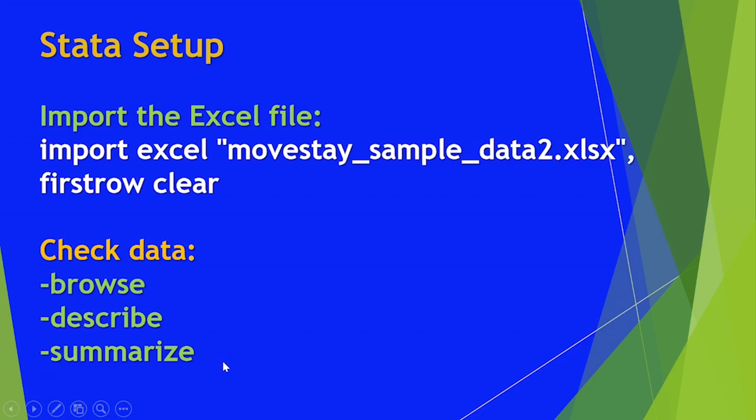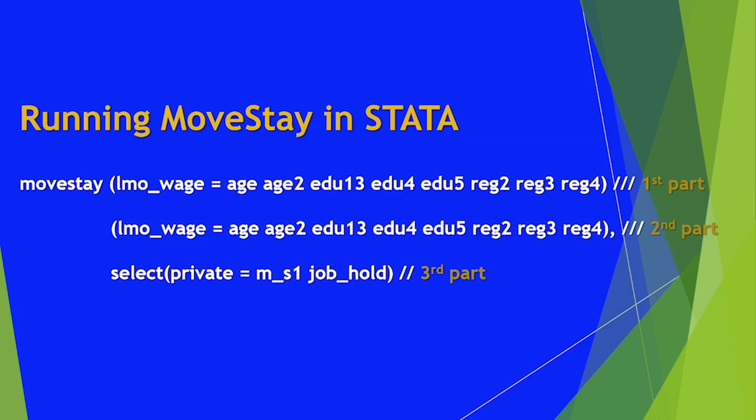So we are going to do this in our practical part. And now this is the general syntax that we are going to run in Stata. We have movestay, and then we have this command lmo wage, and any other variables are just similar, so don't worry about this. We are going to learn this when we transition to the practical part.